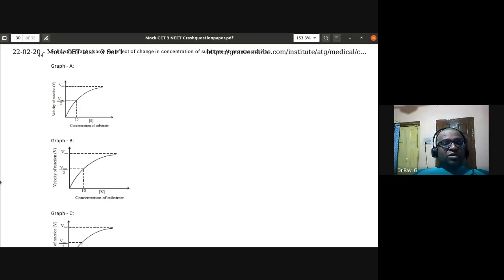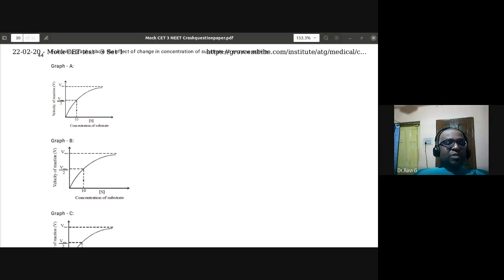So the 44th question, the following graphs show the effect of change in concentration of substrate on enzyme activity. So you have to see the graphs which show the change in concentration of substrate on enzyme activity.